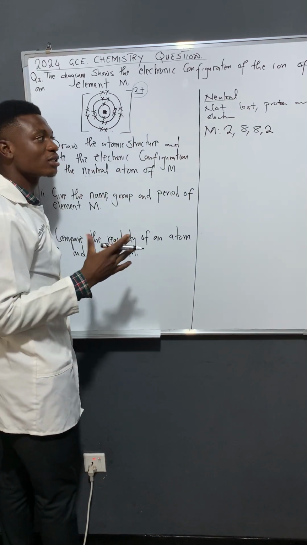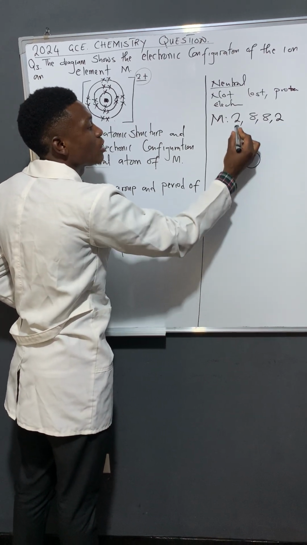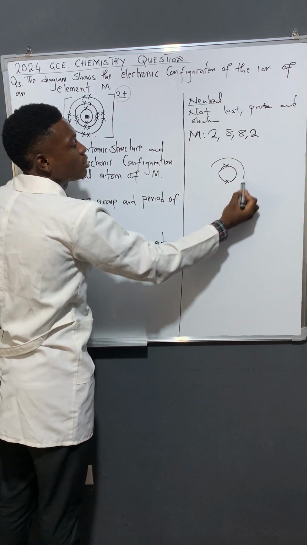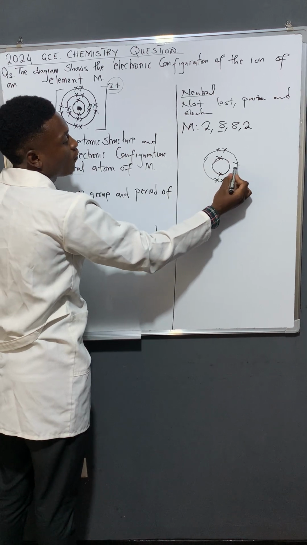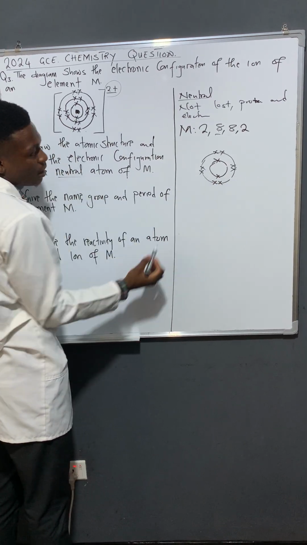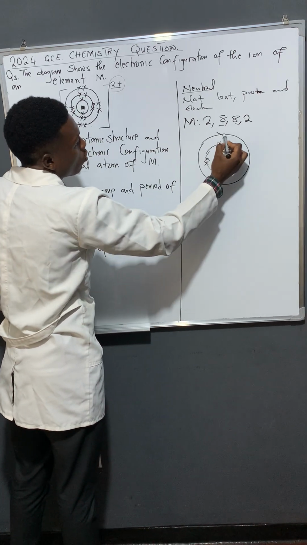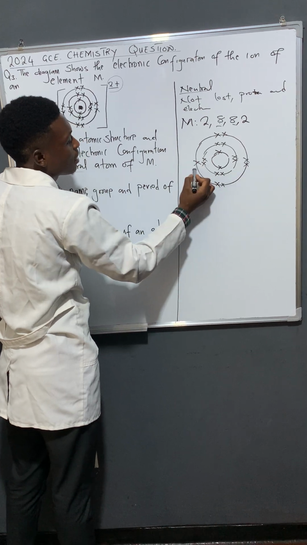You draw the structure according to the electrons you have. The first shell has 2. The second shell has 8. The third shell has 8.